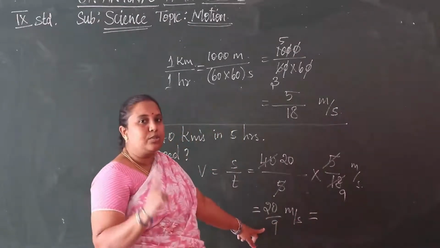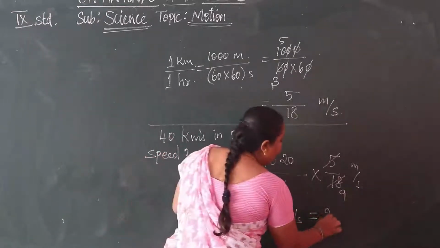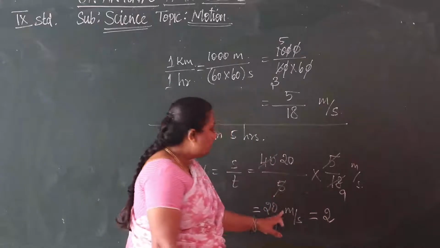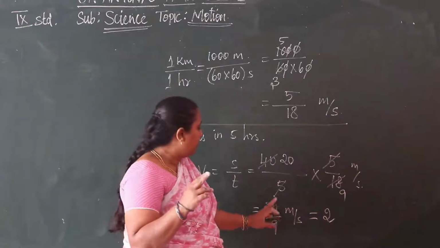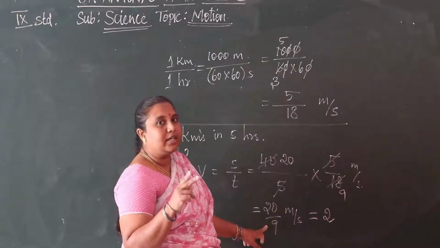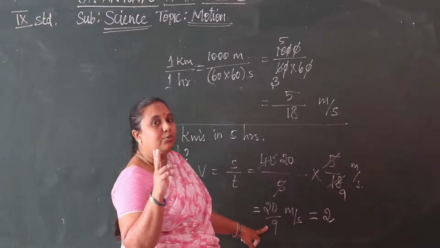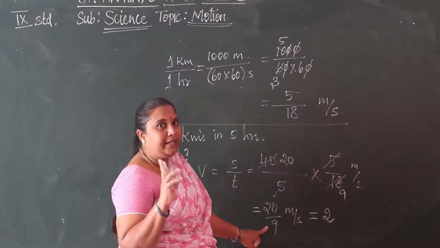Okay, so now we can write this in decimals. 9 2s are 18, so 2. Then we have balance 2. In 2 there is no 9, so we are adding 0 to that. This is a mind calculation. Now you are in 9th standard, children, so you should do mind calculations.